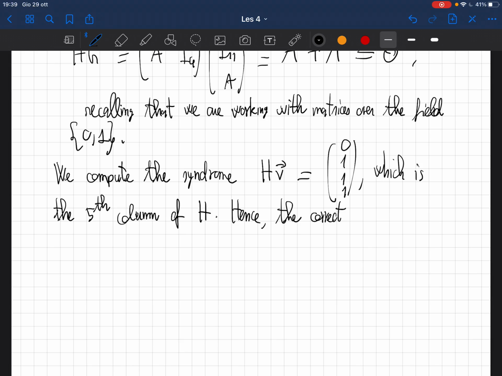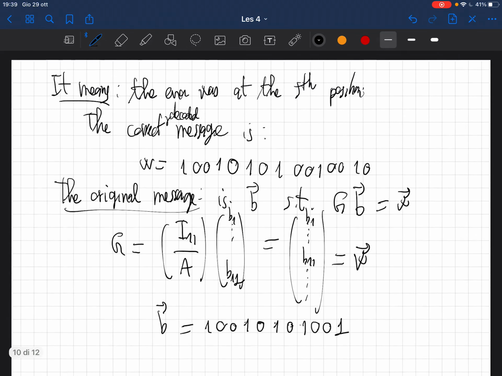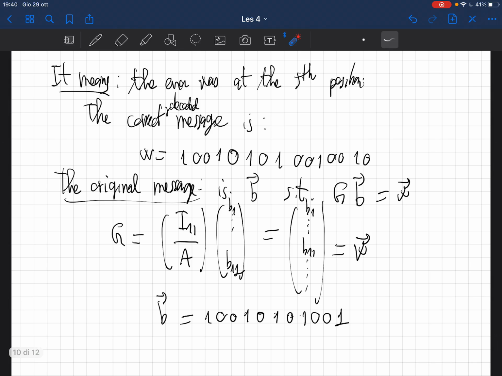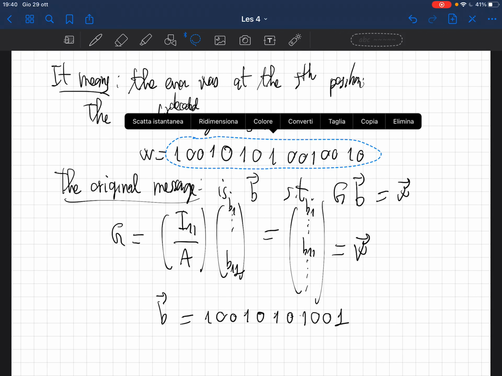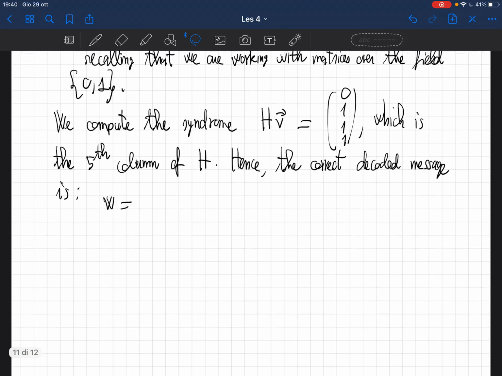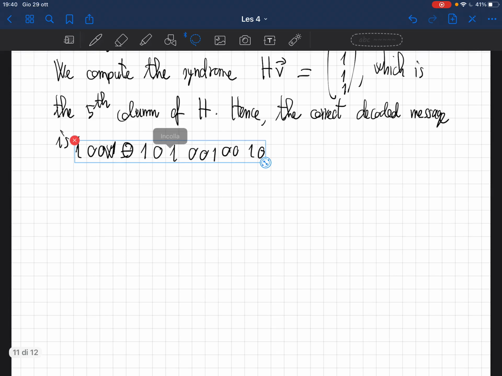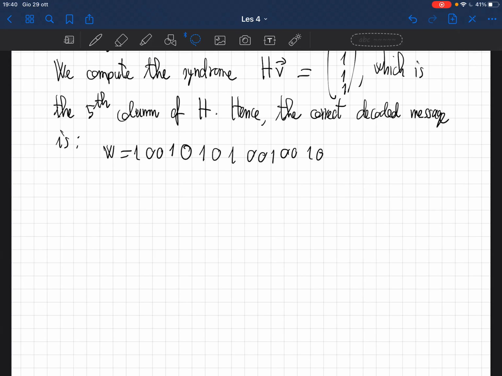Hence, the correct decoded message is, and here just W, and you write it. Let me just copy it, sorry, I forgot. Unfortunately, you can't do these tricks on paper, but you can copy.